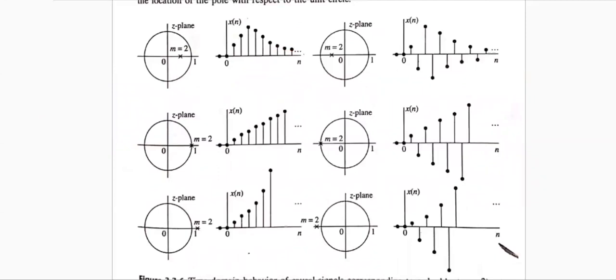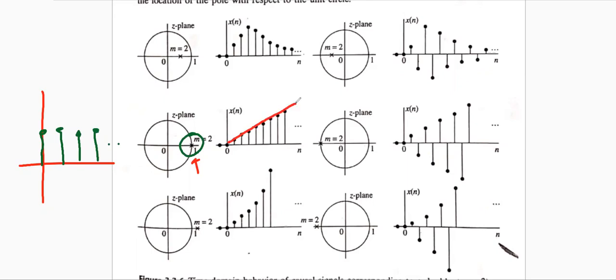What happens? This is interesting. We have already shown that if you have a single pole on the unit circle, we get the output like this: 1, 1, 1, 1, up to infinity. However, if you have multiple poles on the unit circle, it actually gives an unstable situation.